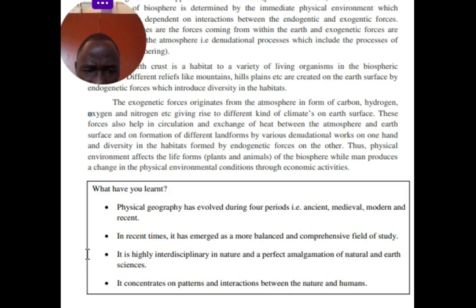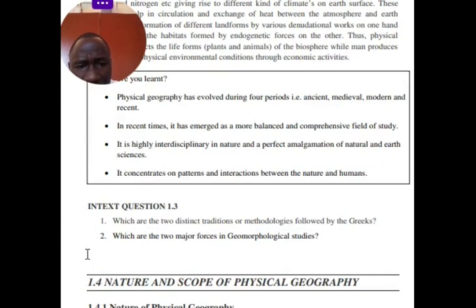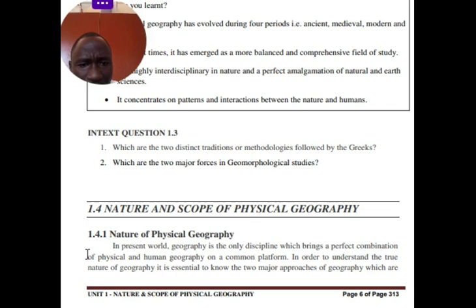Then they are saying that in recent times it has emerged as a more balanced and comprehensive field of study. Then they say it is a highly intellectual discipline in nature, a perfect natural and earth science. Those are some of the questions they are referring to.